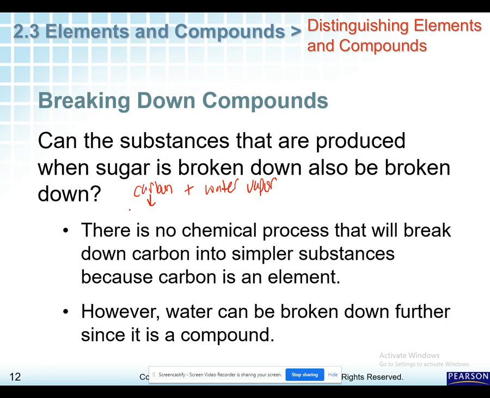If you look on the periodic table, you will see carbon as an element. However, water vapor, remember water is considered H2O. It is considered a compound, and remember, compounds can be broken down further. So in fact, water can actually be broken down into some hydrogen and some oxygen. But how? Let's take a look.